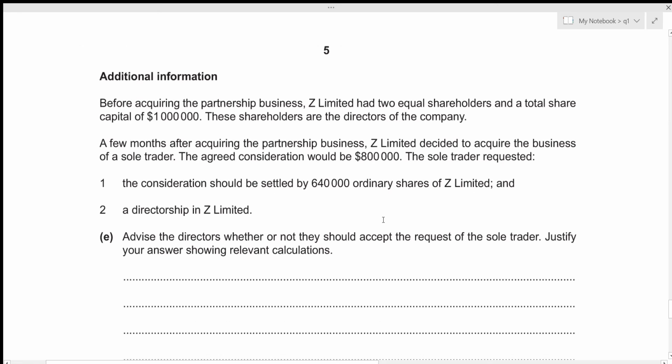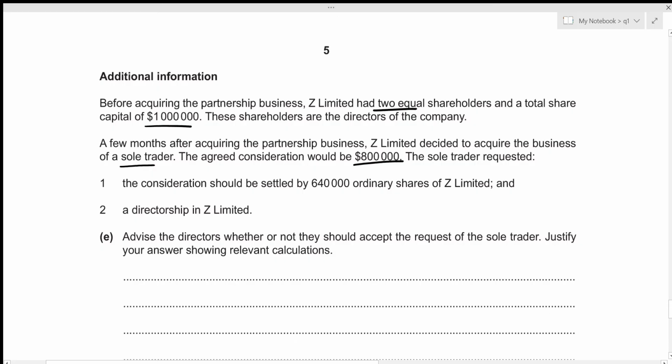We are given additional information. Before acquiring the partnership business, Z Limited had two equal shareholders and a total share capital of 1 million. These shareholders are the directors of the company. A few months after acquiring the partnership business, Z Limited decided to acquire the business of a sole trader, and the agreed consideration would be 800,000, but the sole trader has requested the following.